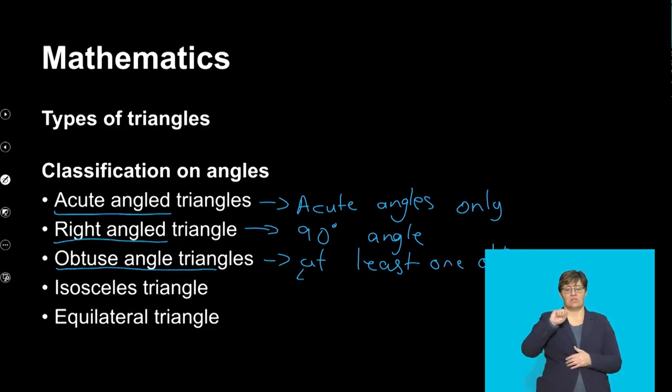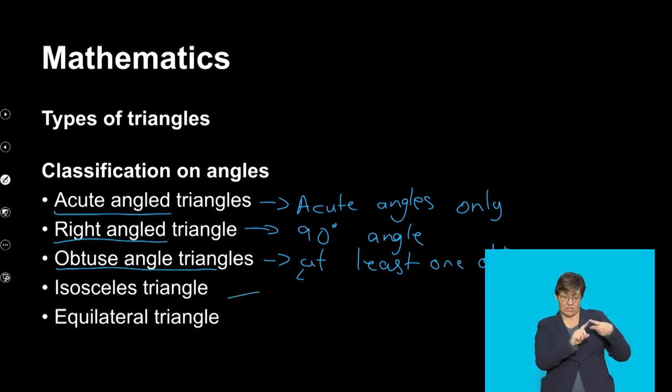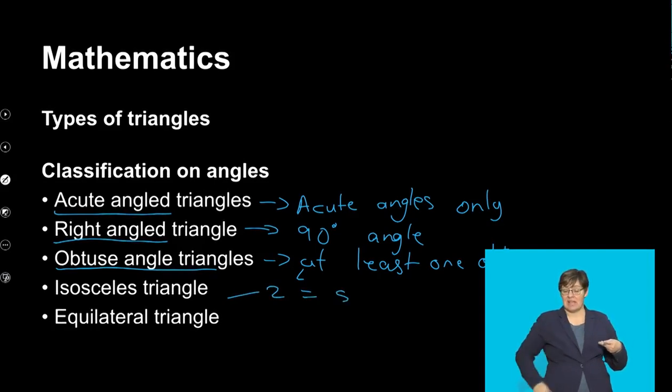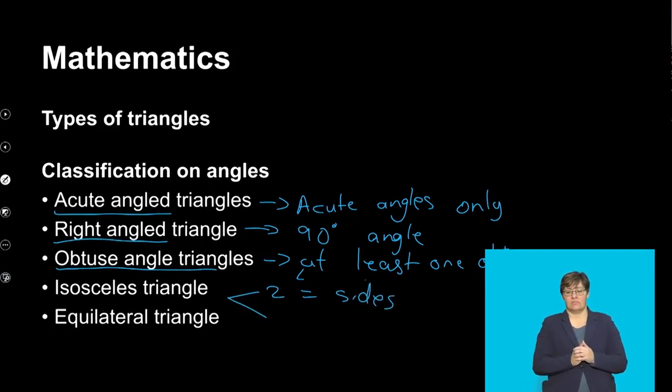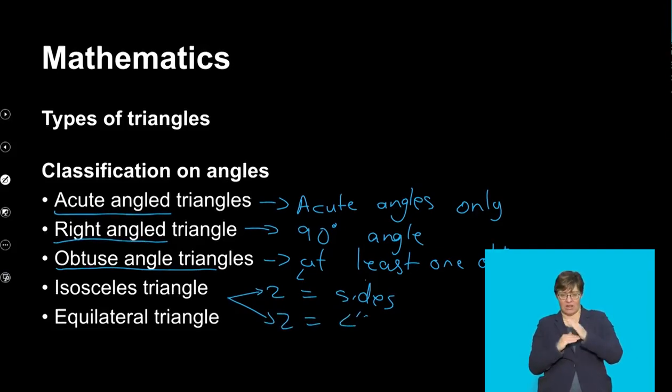And then isosceles triangle, this has two properties that we need to look at. The first one is two equal sides, right? And because of that, we also have two equal angles. We actually start with equal angles because we're classifying with angles, right? And then the equal sides will be the second point because of those angles being equal.